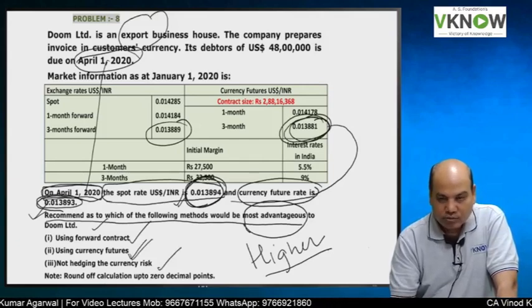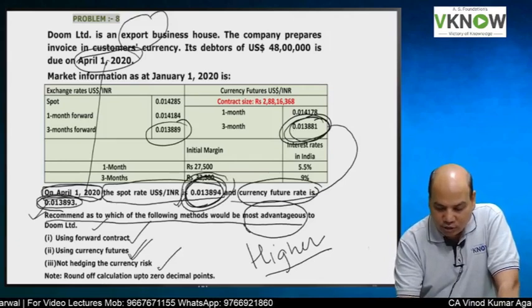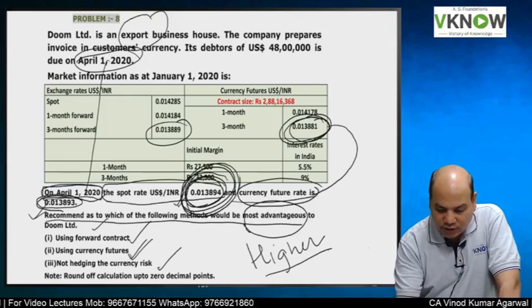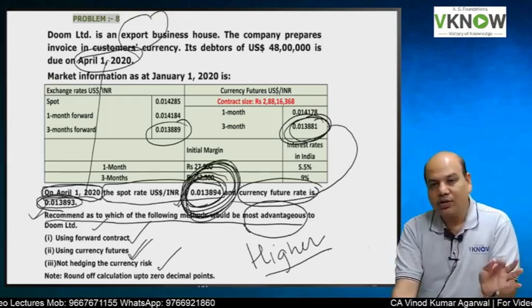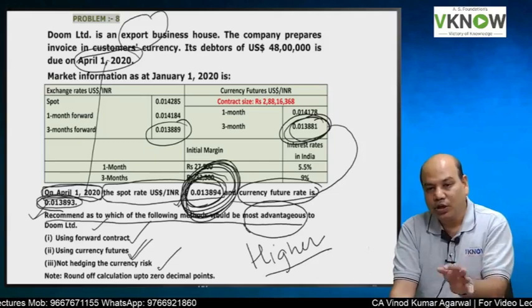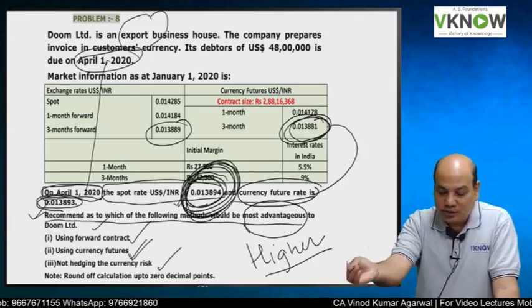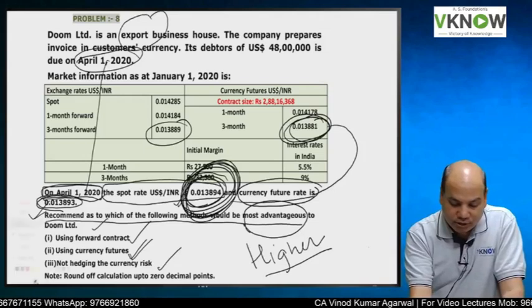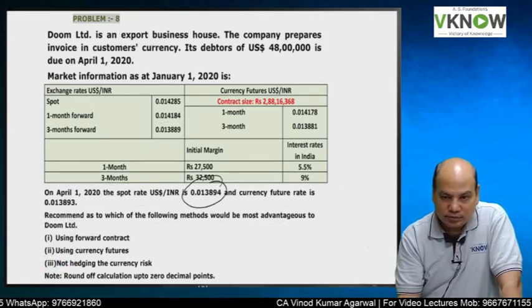Or don't hedge, just wait. If you wait, you will get the conversion at the spot rate on maturity, because you have not done anything. Whatever the spot rate is on 1st April, at that rate you will convert.